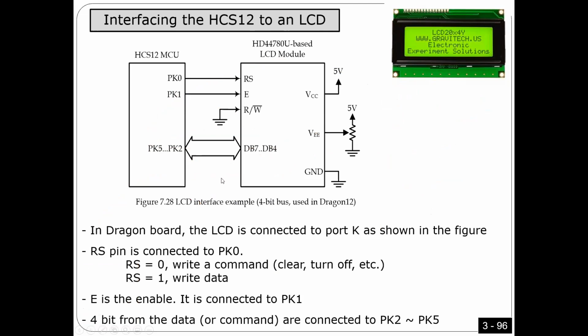Also keep in mind, if it is 8 bits, yes, the programming can be easier because you can just send the byte once, at one time. So you don't need to cut it into 2 pieces. However, it's going to take eight pins from the microcontroller.